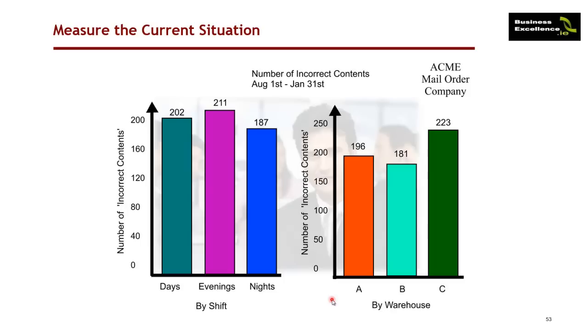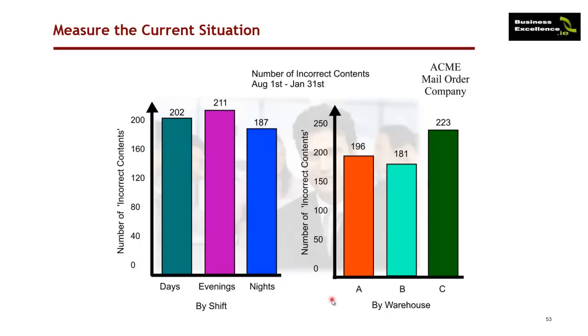If we ask the question, when does the problem happen? The answer again is always. There are some shifts that are slightly higher or lower than others, but in all shifts, there is a significant incidence of number of incorrect contents. This organization also has 3 warehouses, A, B, and C. So if we ask the question, which warehouse do we see number of incorrect contents?